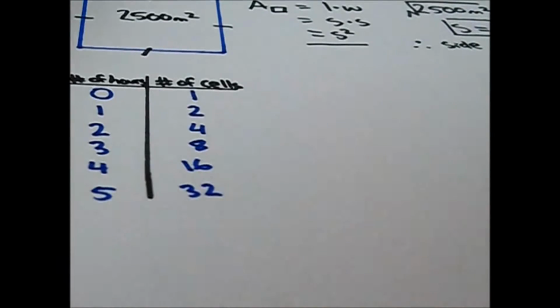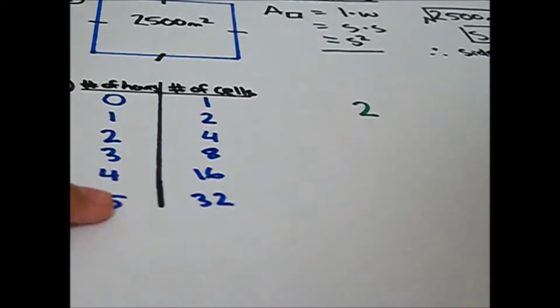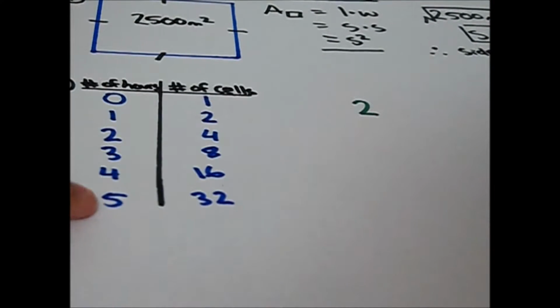We know that doubling involves the number 2. So the base of this exponent, or the power, will be 2. And each hour represents its exponent.